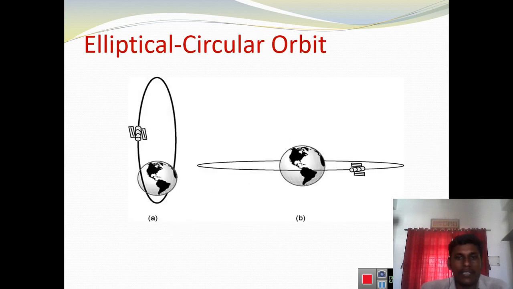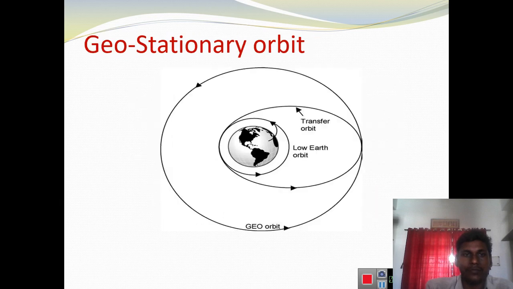And we can see two different orbits here, elliptical orbit as well as circular orbit, and how the satellite revolves in both cases. In elliptical orbit, we come to know the satellite moves from north to southward direction. In circular orbit, it is east to westward direction.